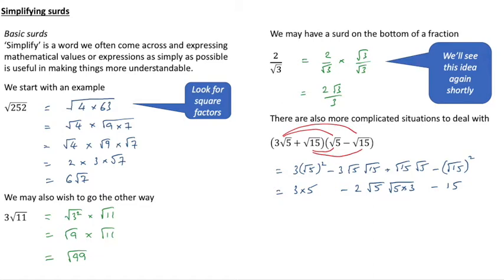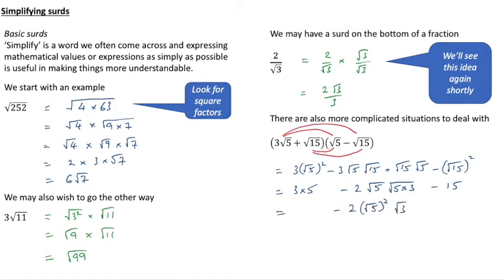Okay, so now we can see that something rather nice has happened: we've got 3 times 5 is 15 at the beginning of this, and we've got minus 15 at the end, so those two cancel out. What we're left with is the middle term.